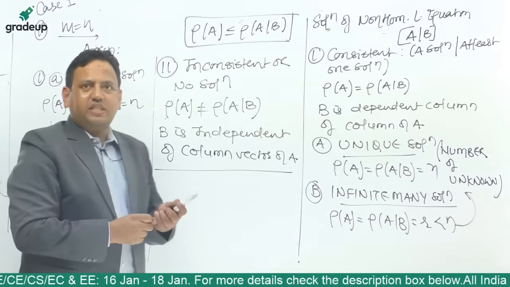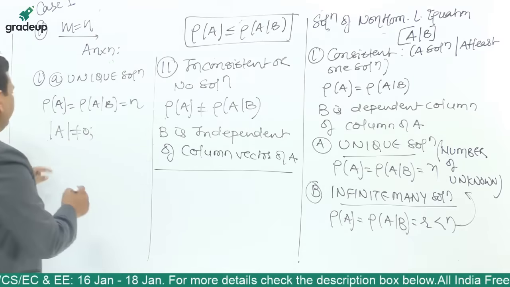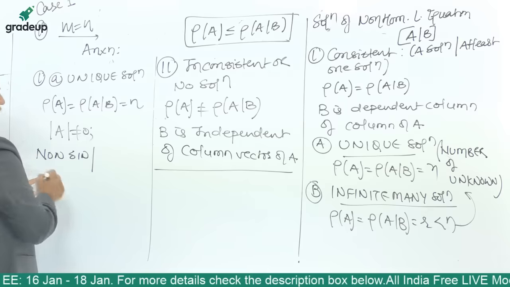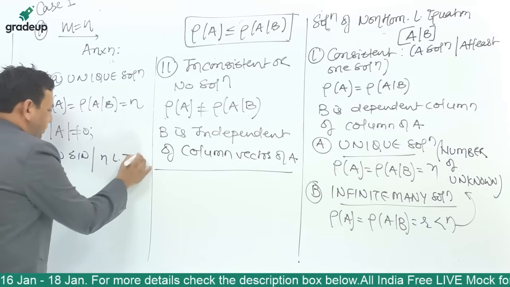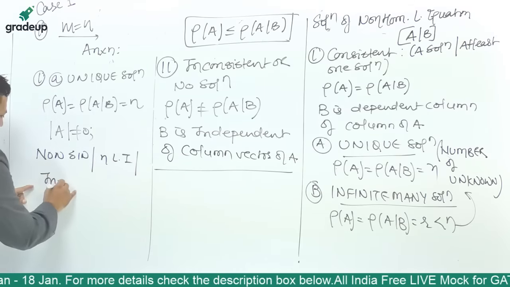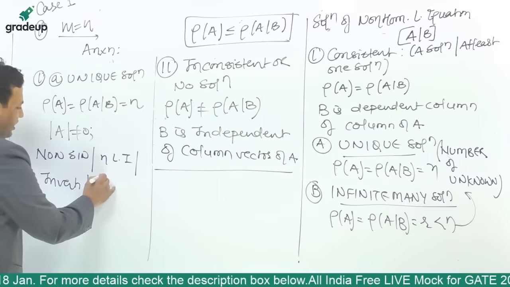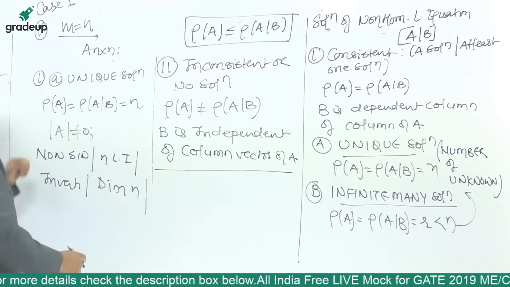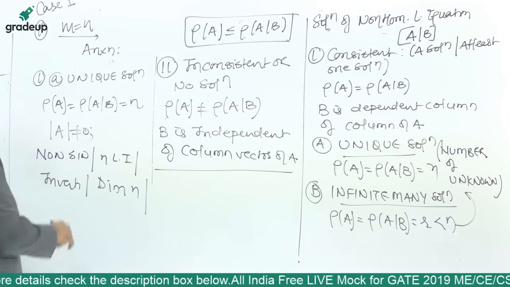Now what is the meaning of this? If it is non-singular, or n linearly independent, or invertible, or dimension is n. Okay, so all these are the same thing.